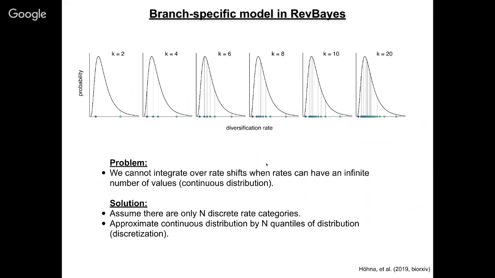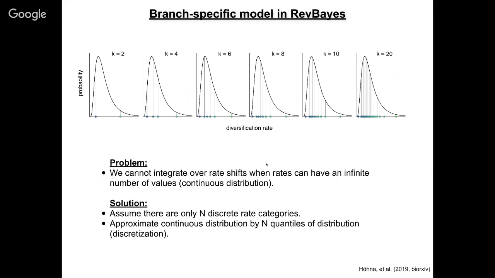So what we're doing instead is something similar to what has been used for the standard plus gamma model in phylogenetics, where we have a discrete number of rate categories. Here I was plotting a log normal distribution and showing it for 2, 4, 6, 8, 10, or 20 rate categories. And we see the more rate categories that I'm using, the better I'm discretizing or approximating that distribution.